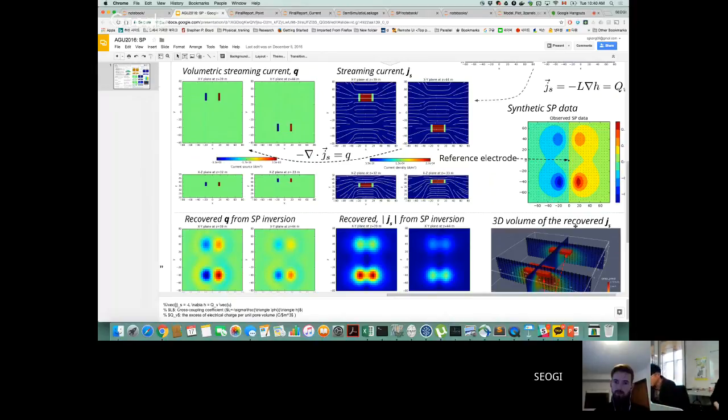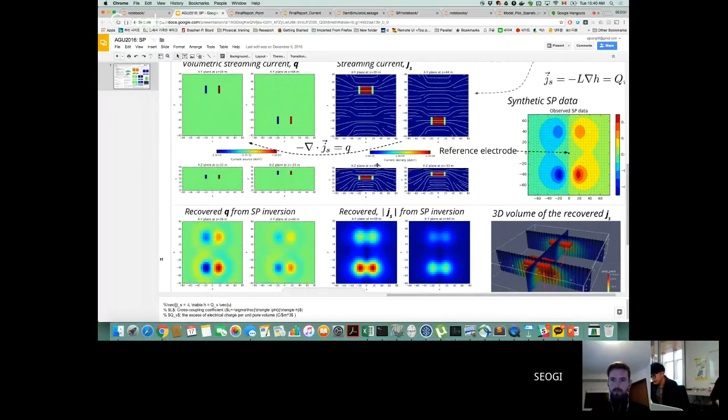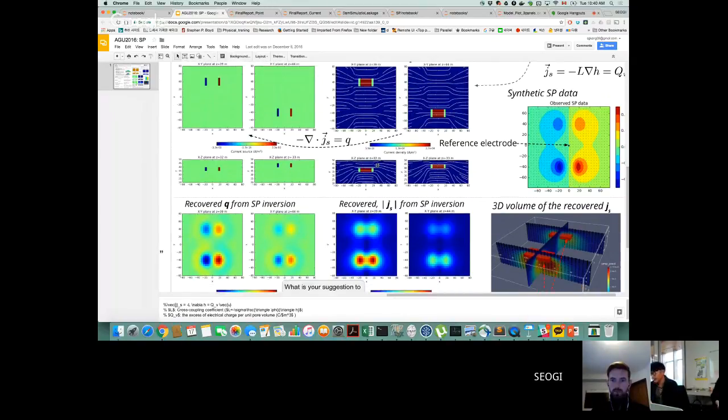Those charges are exactly what you expect for the DC case. You get your current going from left to right, you have a more conductive body there, and you get positive charges on the right-hand side and negative charges on the left. Exactly.